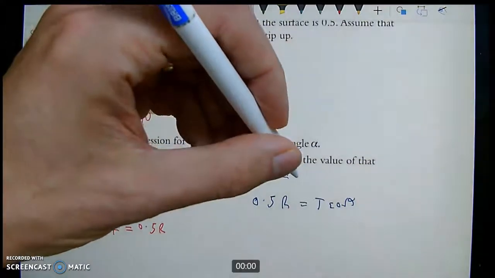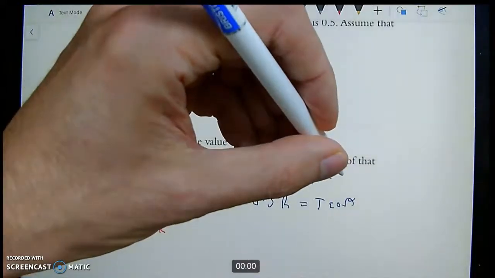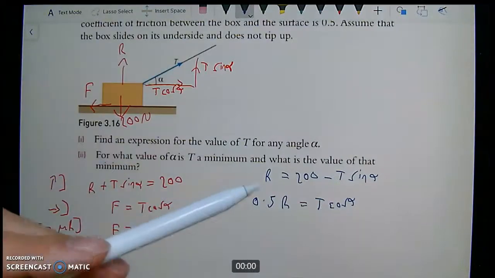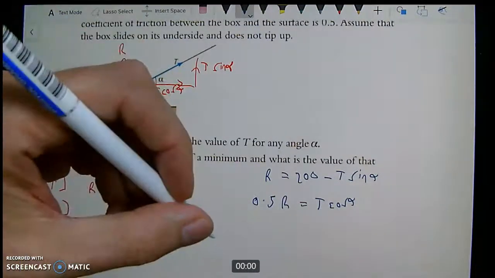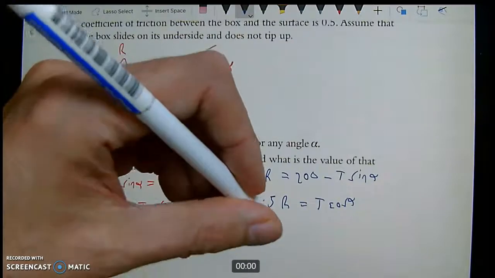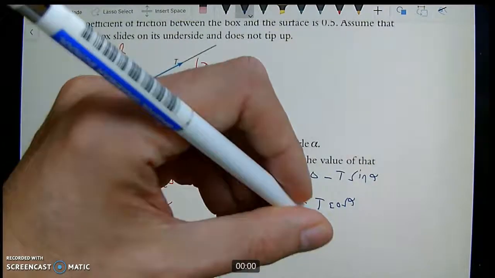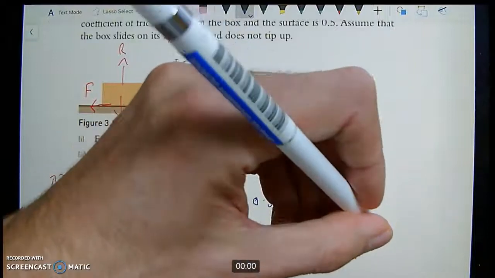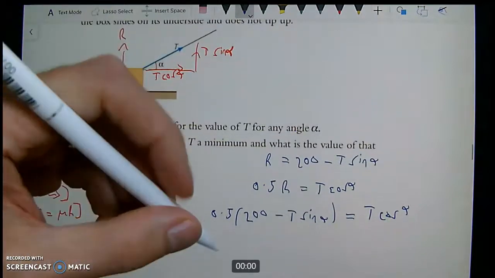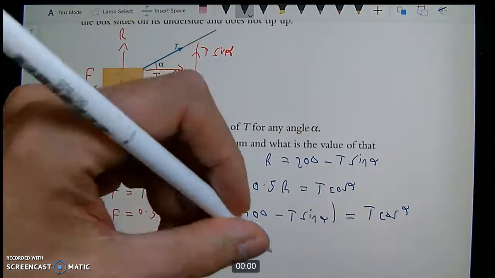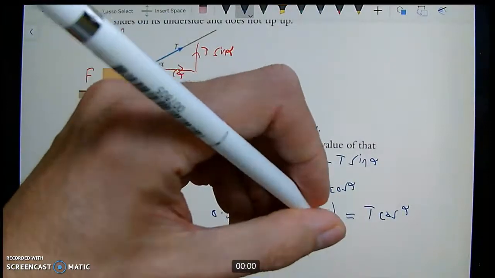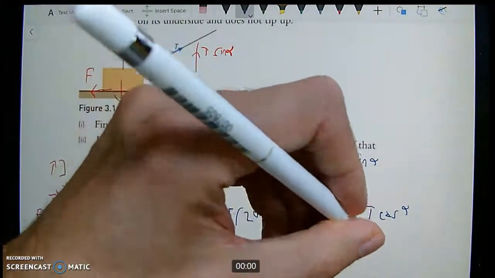So R is equal to 200 minus T sine alpha, and now sub this expression for R in the equation below, and it would become 0.5 times (200 minus T sine alpha) equals T cos alpha, and timesing out the bracket, we'd end up with 100 minus T over 2 sine alpha equals T cos alpha.